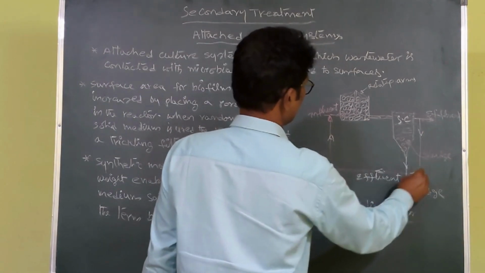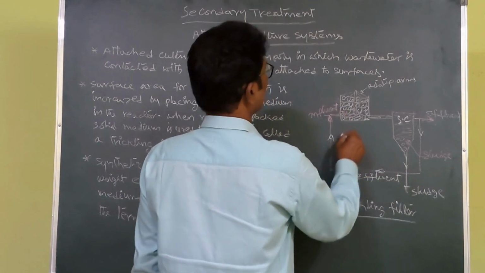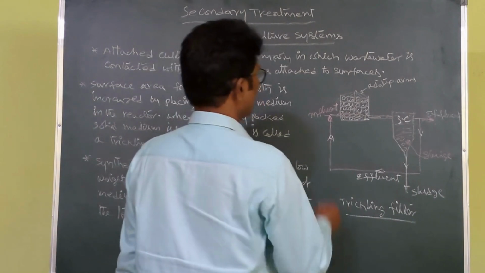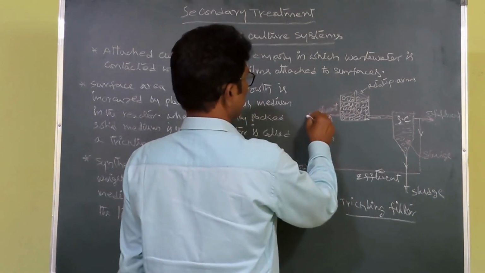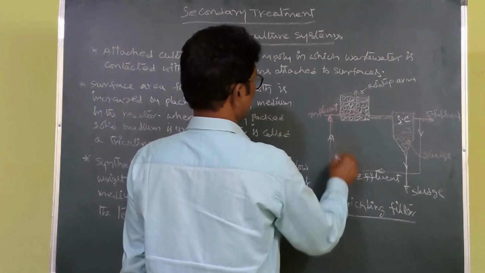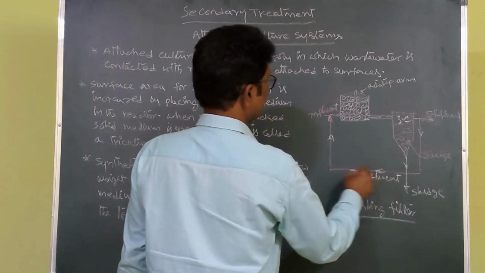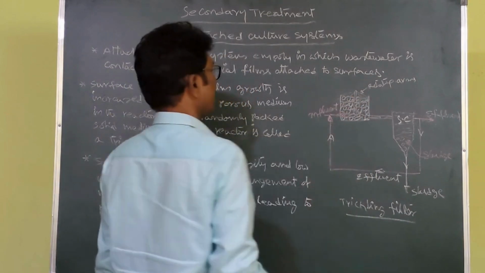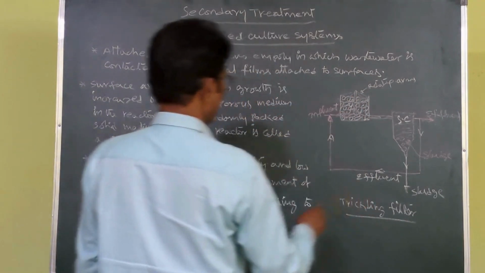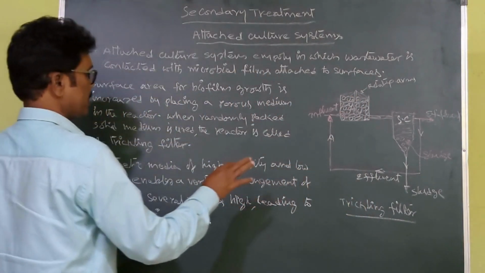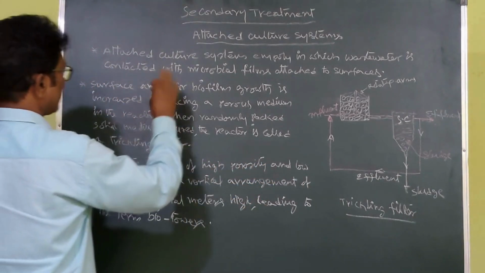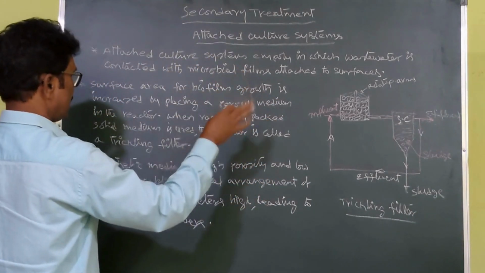This treated effluent is recycled, because if the influent rate of flow is unable to be maintained, we have to recycle this treated effluent to maintain the rate of flow. That is the simple explanation of this attached culture system. There are different systems.